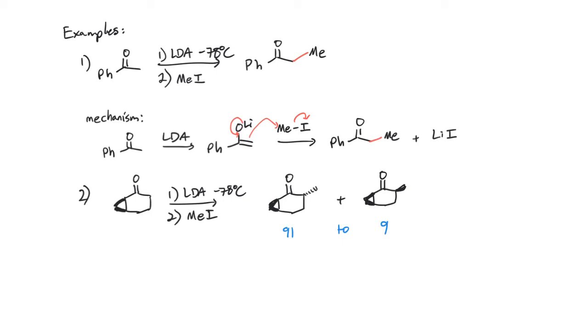So you get a 91:9 ratio. You'll notice that both of these products were the kinetic enolate, and that should make sense because we are working with LDA at negative 78 degrees. And just to make the point again, the stereoselectivity of the reaction comes from the initial stereochemistry and sterics in the reactant.